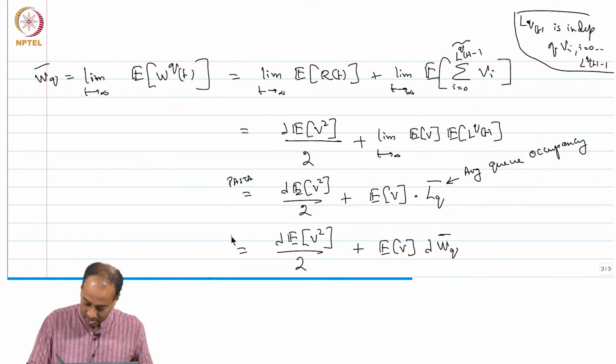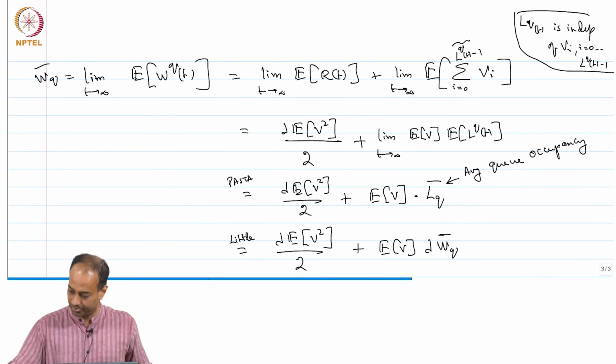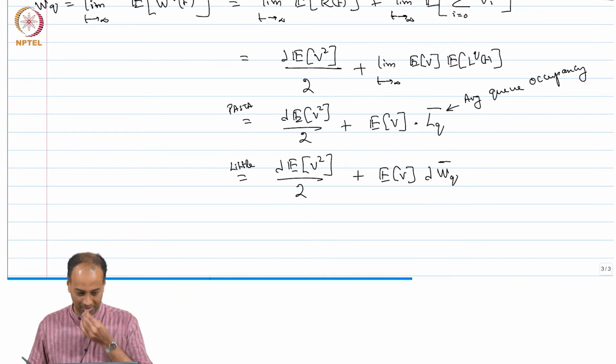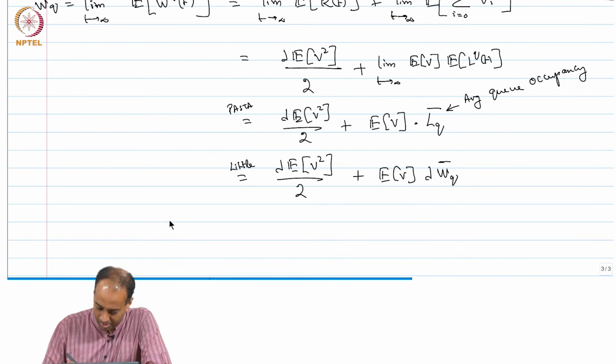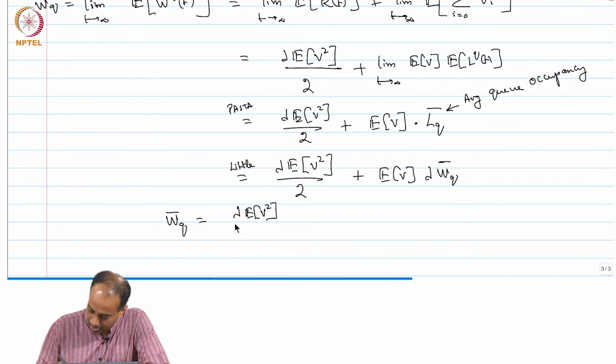This is by Little's law, correct, with me, which means WQ bar is equal to what? Can you help me with this? Lambda expectation of V square by twice 1 minus rho.